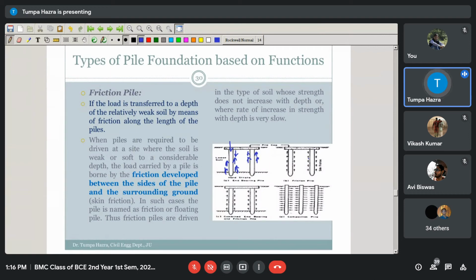So this type of pile is known as the friction pile. Friction developed between the sides of the pile and the surrounding ground supports the load of the building.